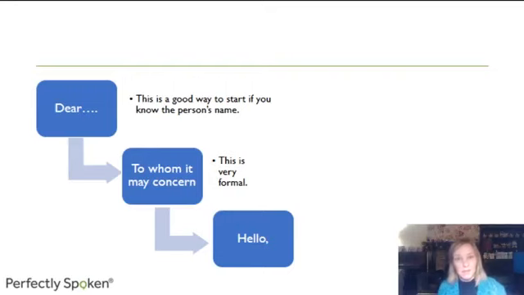And then you've got simply hello. Now, hello is good if you know the person or if you don't know the person. So I think in emails, hello is acceptable. In letters, no. In emails, yes. Okay, because emails tend to be slightly less formal than letters.